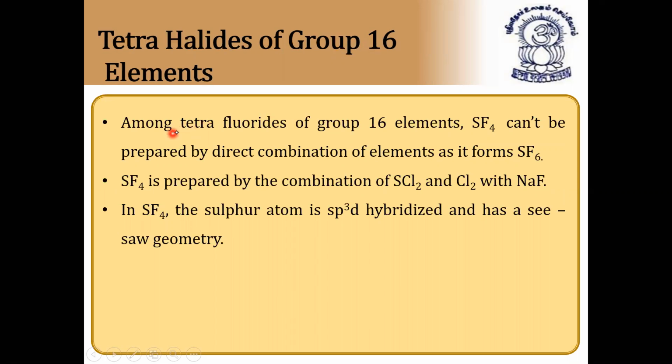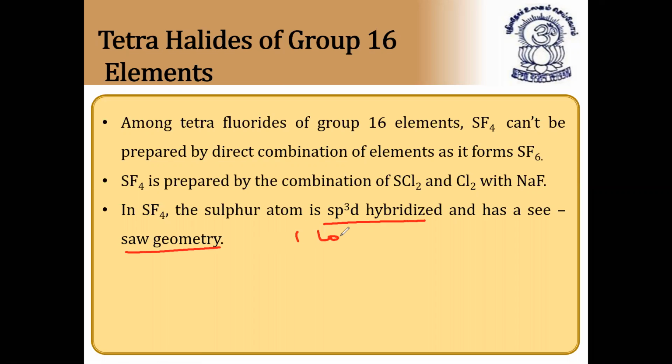Tetrahalides of group 16 elements. Among tetrafluorides of group 16 elements, SF4 can't be prepared by direct combination of elements as it forms SF6 easily. SF4, that is sulfur tetrafluoride, is prepared by the reaction of SCl2 and Cl2 with NaF. In SF4, the sulfur atom is sp3d hybridized and has a seesaw geometry due to a lone pair.